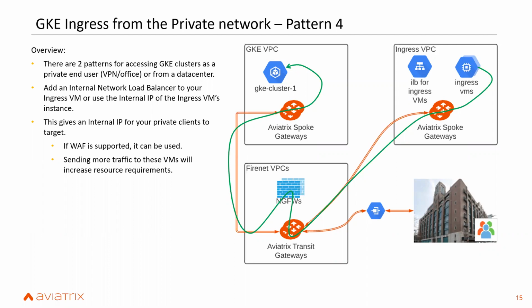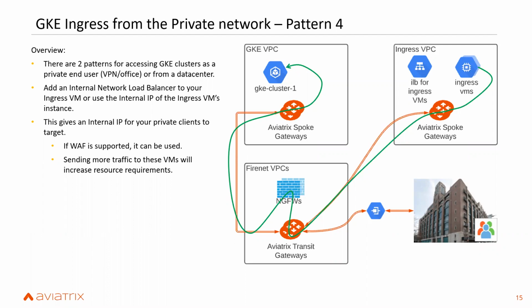So your users will contact the Ingress and the cluster, but they'll be sent directly to the Ingress VMs via the transit, bypassing the firewalls. But then when the Ingress VMs open up their connection, those will be inspected by the firewalls. The green line there, it'll actually go back through the firewalls and you'll have full inspection. You just won't have that double inspection, double overhead that you'd otherwise have if you just turned on inspection as a blanket policy.